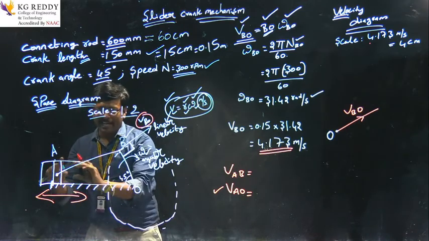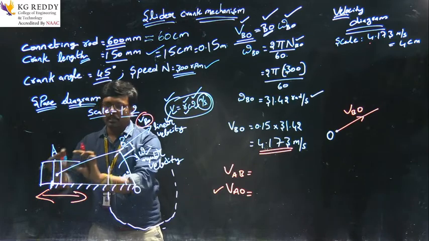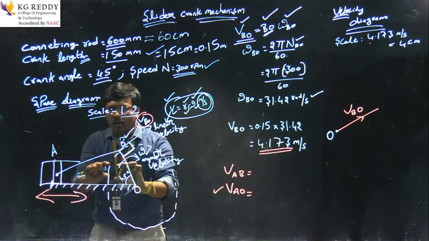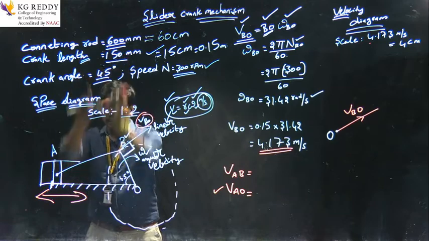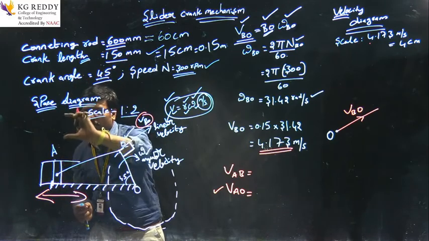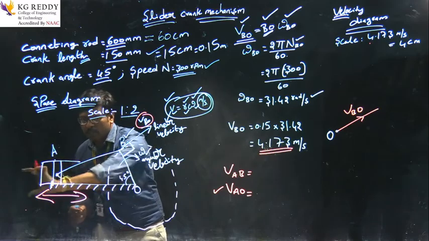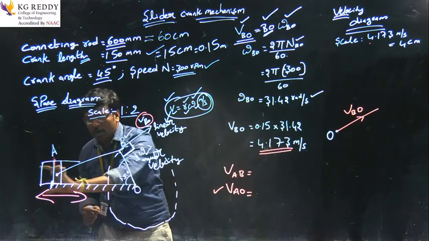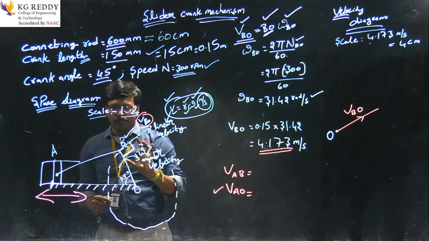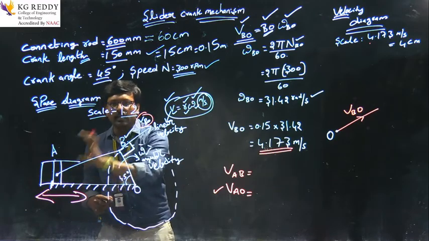Whenever we have a sliding concept, the sliding motion must be horizontal. If it is vertical, it just moves upwards or down. Incline, no. It must be horizontal. In the same horizontal we will get the velocity.